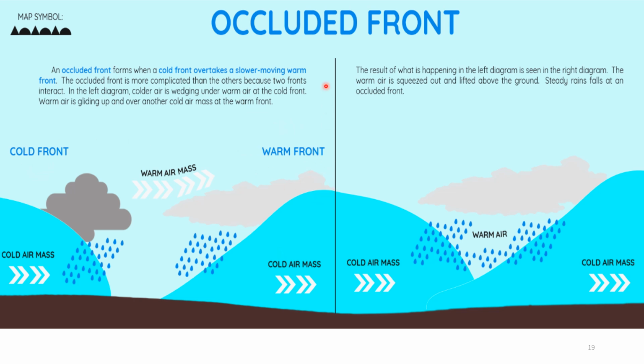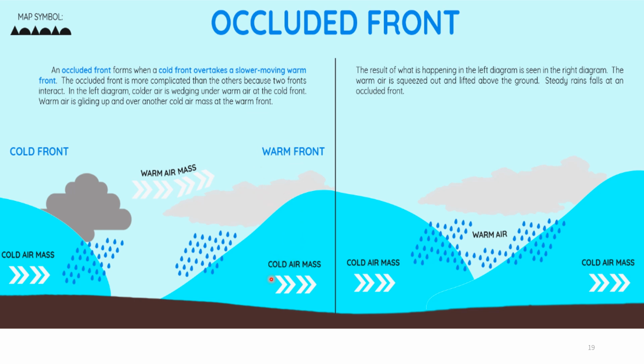So in this left diagram, left side of this line, we focus that the colder air mass here is wedging under the warm air mass. This is the cold air mass under the warm air mass at the cold front. Here is the cold front. And this warm air mass actually is gliding up above another cold air mass at a warm front, as you can see here.